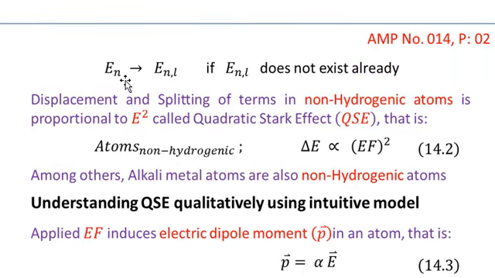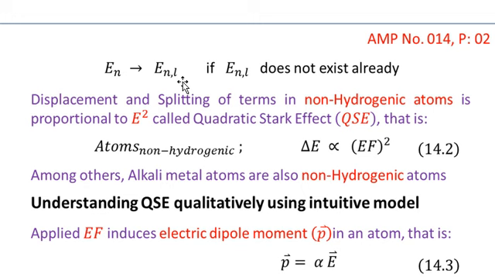Now, the energy of an atom, which depends on the principal quantum number n for hydrogen-like atoms, will now depend upon the orbital quantum number L as well. That's why I have labeled the energy by the two quantum numbers n and L. This is possible when the orbital degeneracy is not present already.